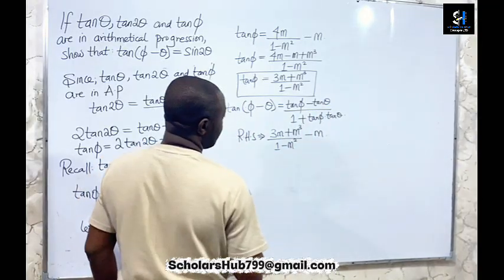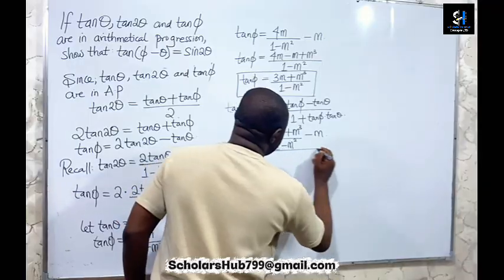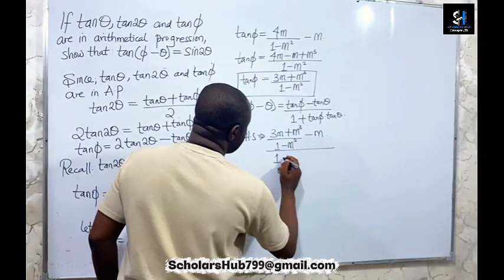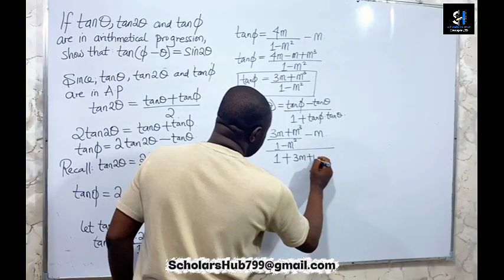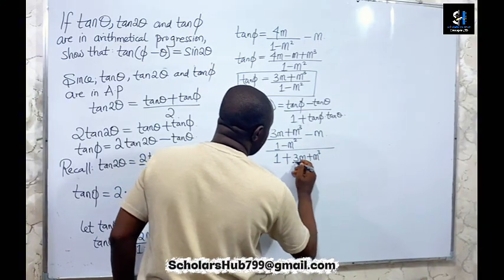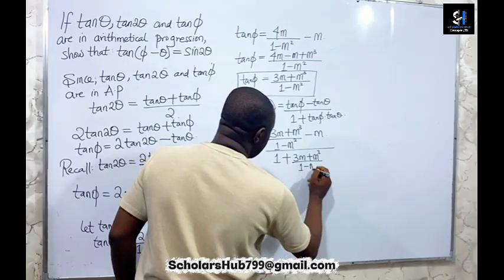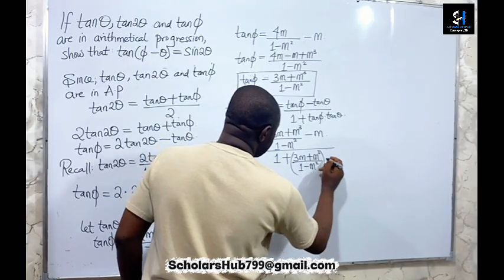That's the numerator, divided by 1 plus 3m plus m cubed over 1 minus m squared.